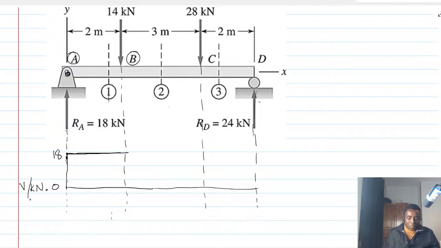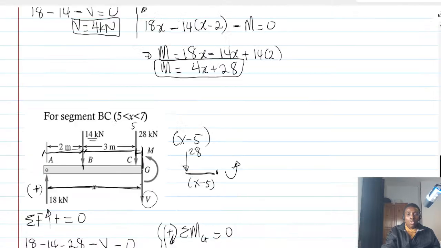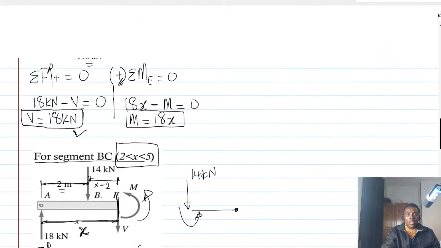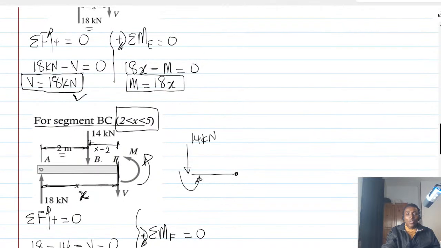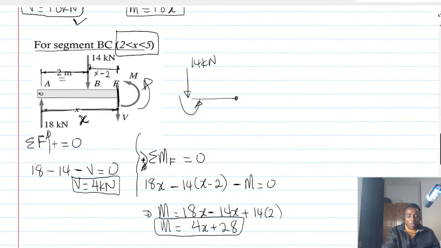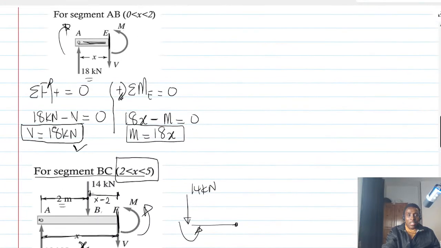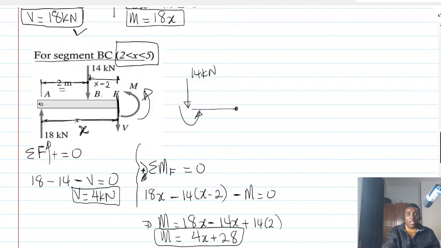And then you will go back to the first one again. Okay, let's finish shear force. Then we come to moment. So we are done for section A, B.